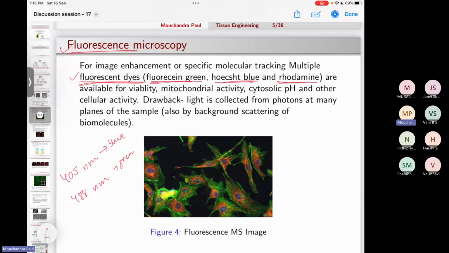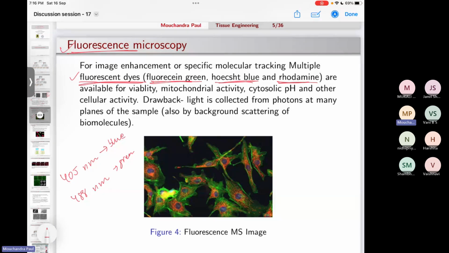So as I was saying, in fluorescence microscopy you are first staining your cellular sample with some fluorescent dyes, and these dyes are specifically marking the cellular structures like nucleus, cytoplasm, etc. And when you are irradiating your sample with a particular wavelength, 405 nanometer light, you're very particular about the wavelength that is falling on your sample.